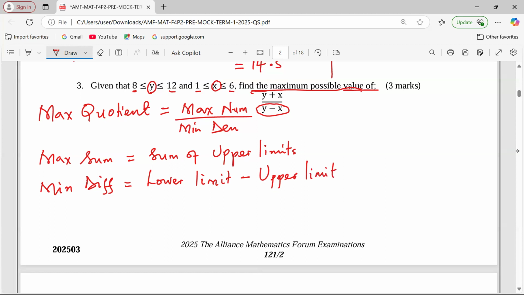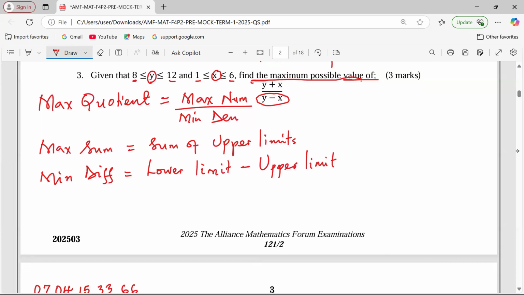So applying these tips, because the numerator is a sum, we need the maximum sum, which is the sum of the upper limits. That will be 12 and 6 from both sides, 12 and 6.